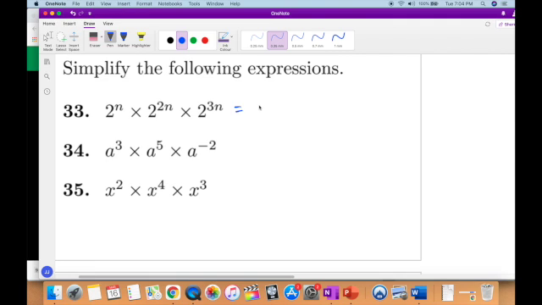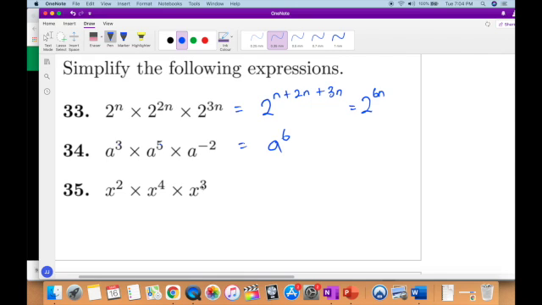Add the indices, right? So that's 2 to the power of n plus 2n plus 3n. So that is 3 and 2 is 5 and 1 is 6. 2 to the power of 6n. With this one, it is a to the power of 3 plus 5 is 8 minus 2 is 6.